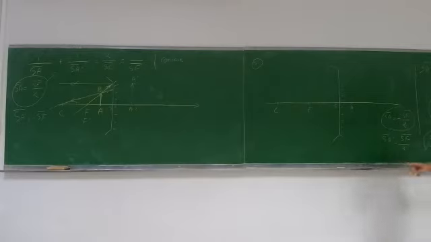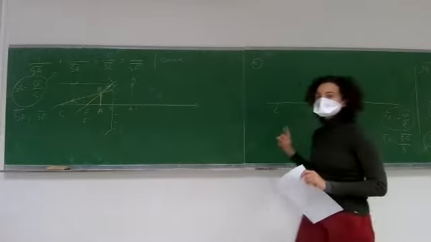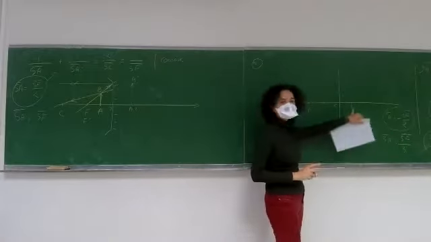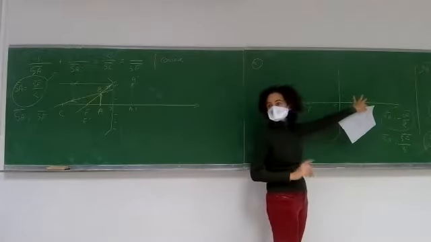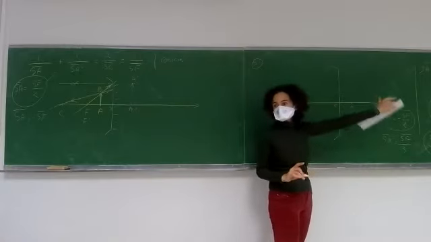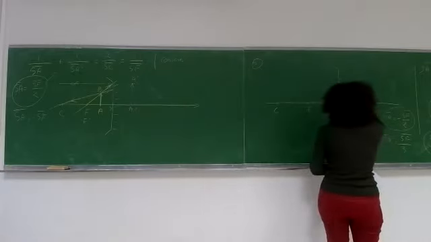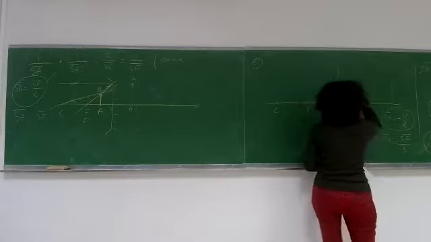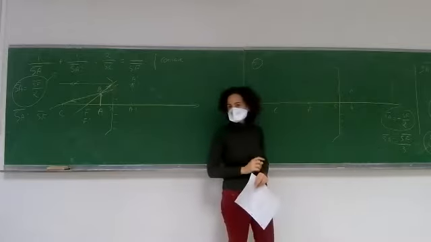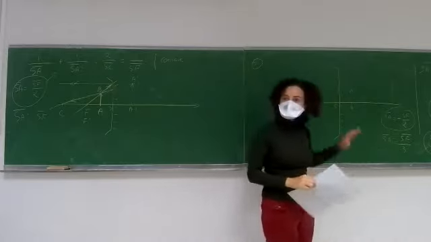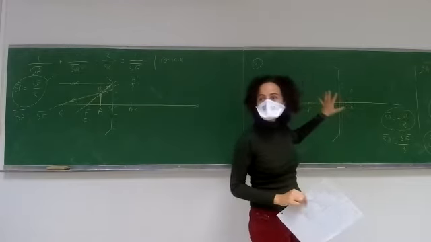Okay. So how to draw it? First of all, this object is virtual because it's on the other side of the mirror. So I will draw it that way. That line. It's going to be the same for diopter.